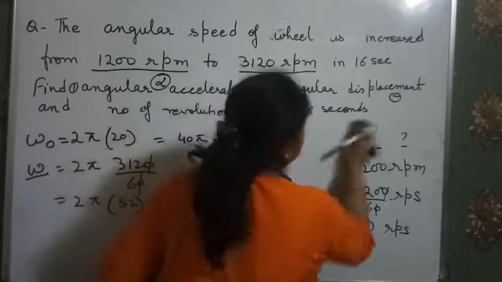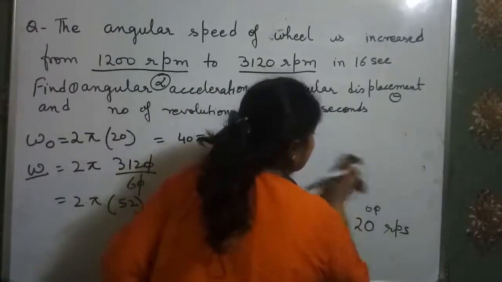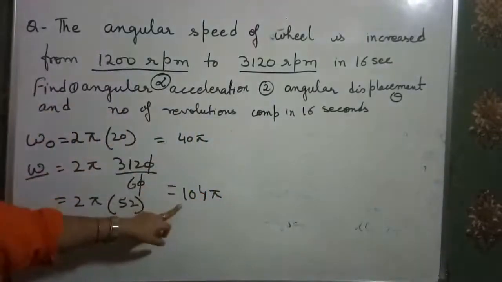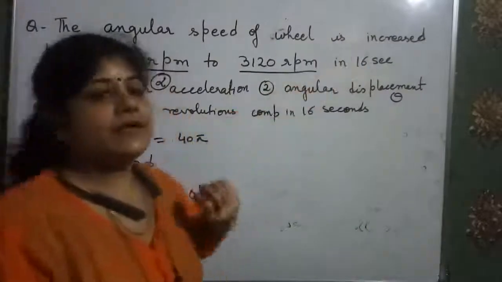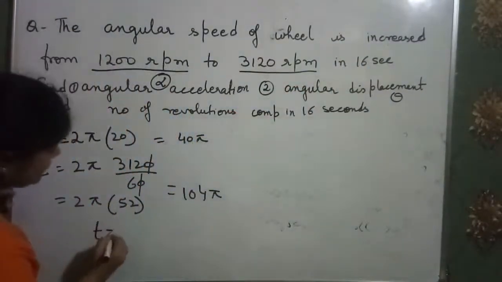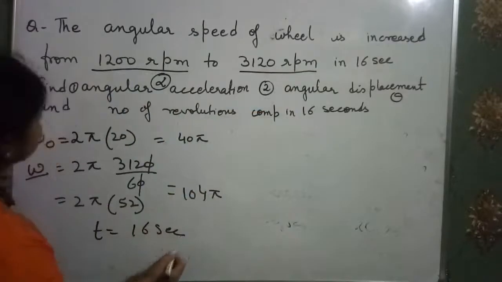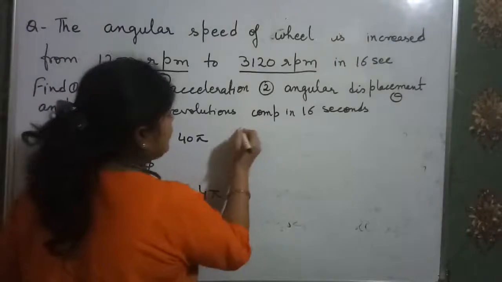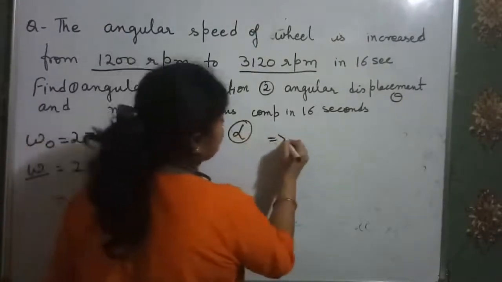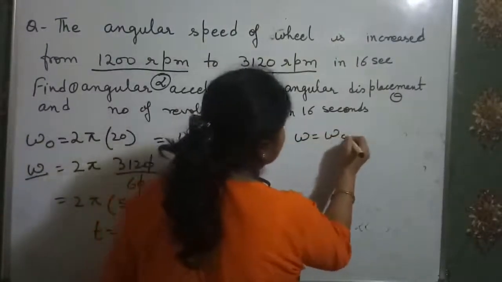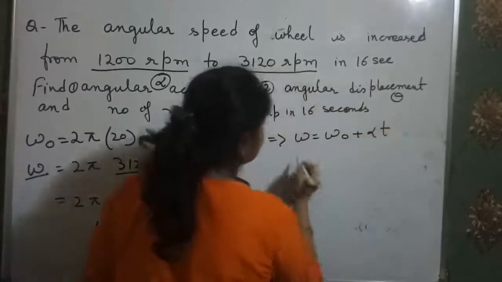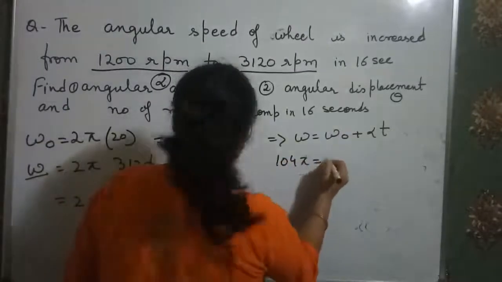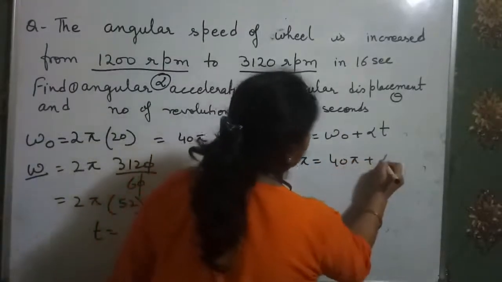So it is given that its angular speed increases from 40 pi to 104 pi in 16 seconds. So time taken here is 16 seconds. First, we have to find angular acceleration. Now we have to find alpha. So we have the formula omega is equal to omega 0 plus alpha t. So 104 pi is equal to 40 pi plus alpha into 16 seconds.